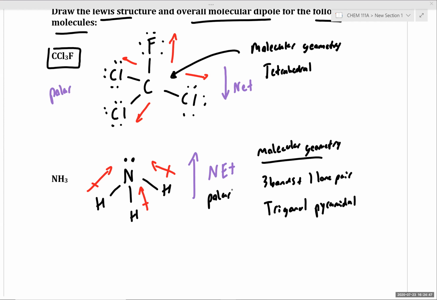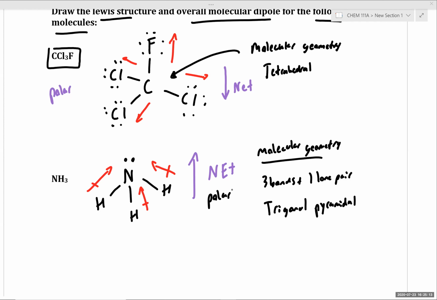So if we compare carbon and chlorine, the carbon-chlorine bond is polar because there is a non-zero difference in electronegativity. The only case where you have a non-polar bond with a difference in electronegativity would be a carbon-hydrogen bond.